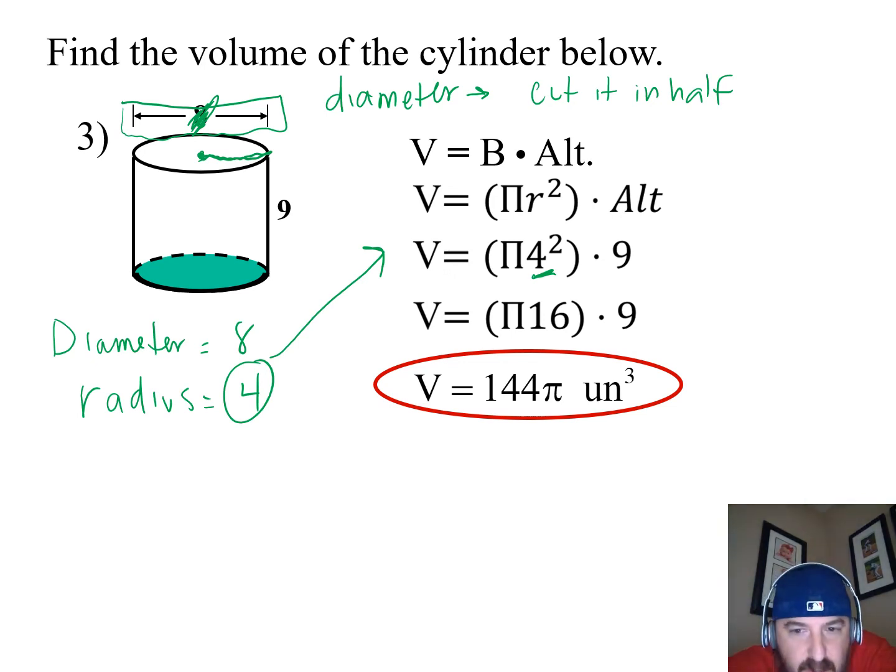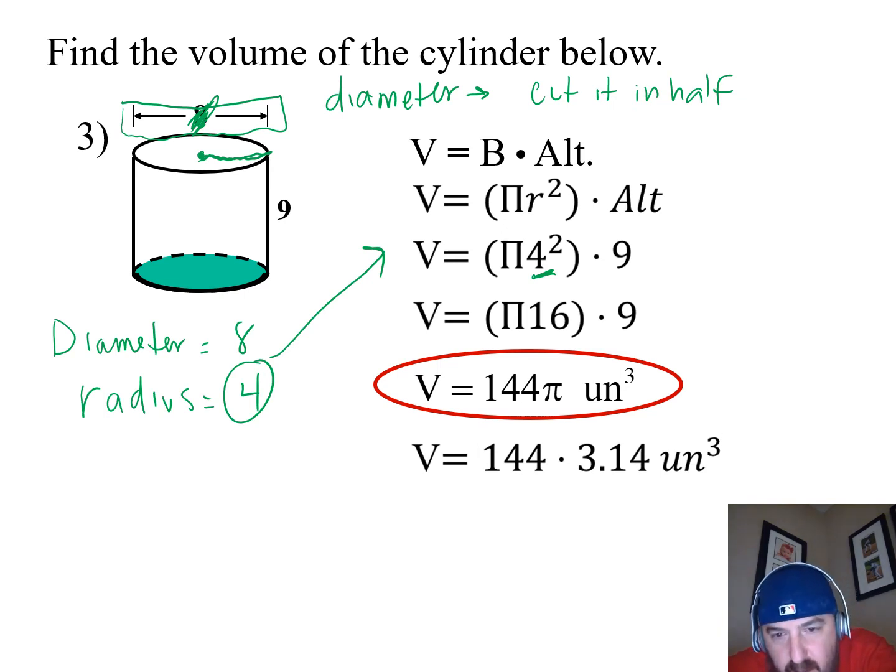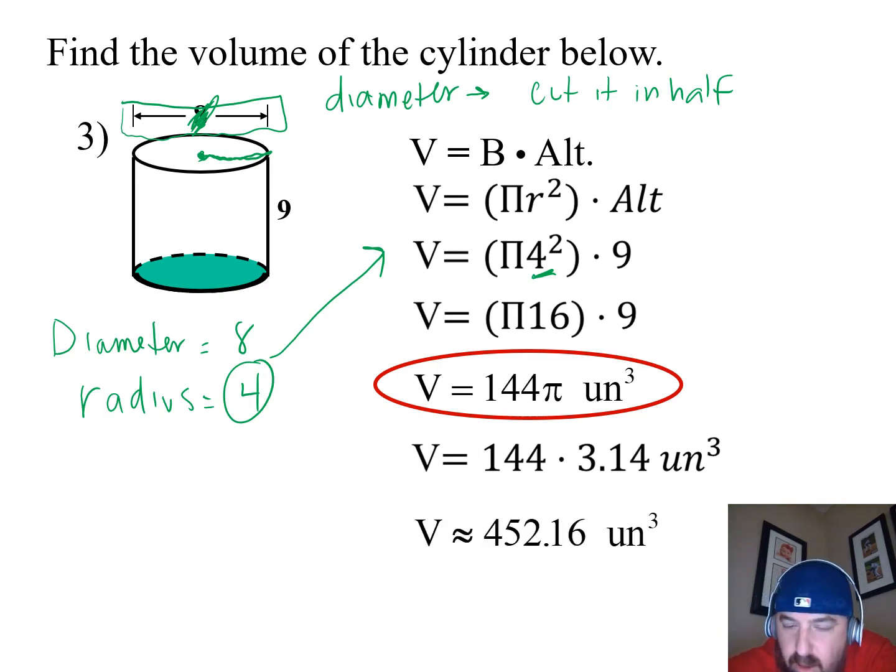So sometimes they'll ask you to leave your answer like that, but other times they want to know the exact decimal. So again, we'll just go ahead and times by 3.14, and then we'll get our answer. So the volume of this cylinder is approximately 452.16 units cubed. And I got it right this time.